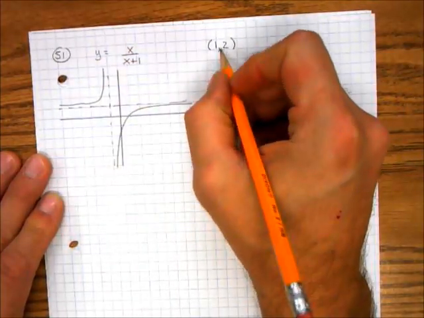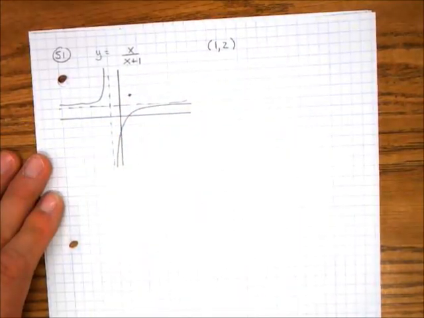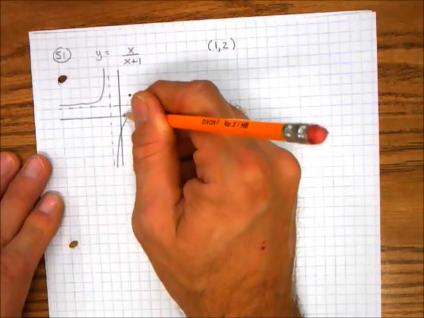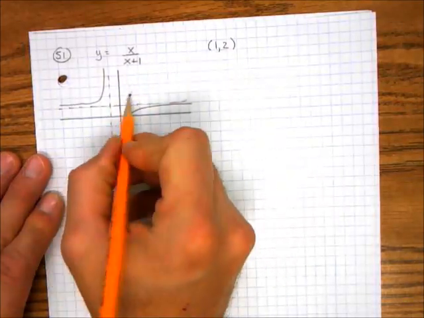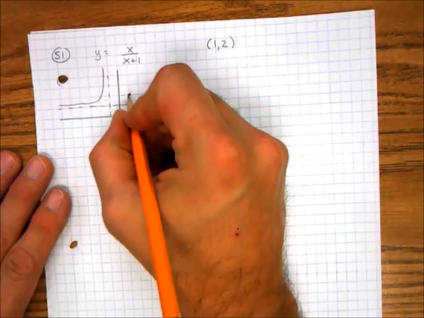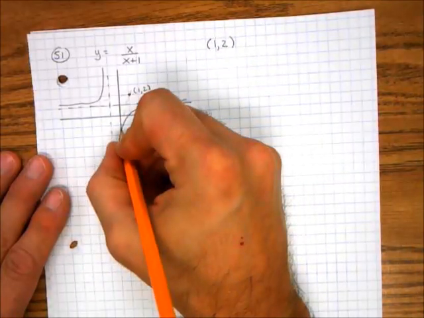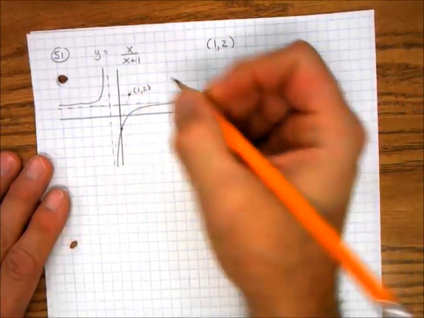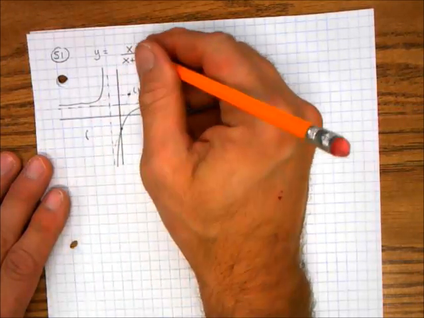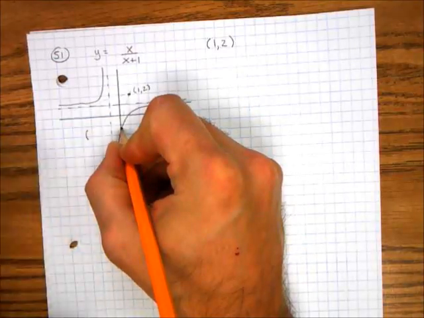Okay, now 1 comma 2 over 1 up 2 is right here. So this is going to glance off somewhere down here, it looks like, and somewhere over here. Okay, so this is the point 1 comma 2, and this is the point, if it was variable, it would be x comma x over x plus 1, but it's a specific point.